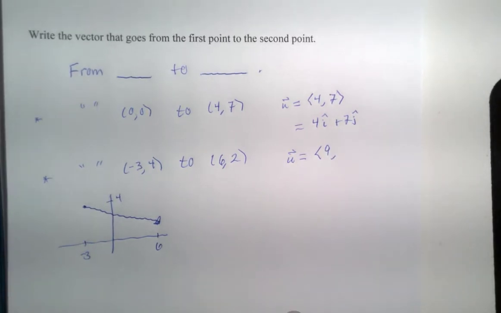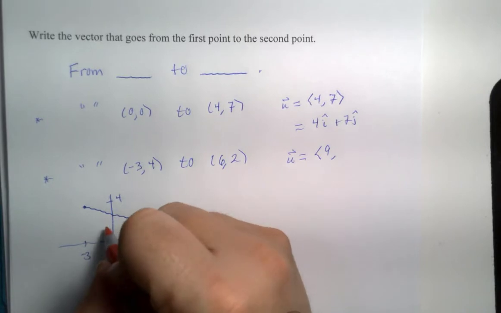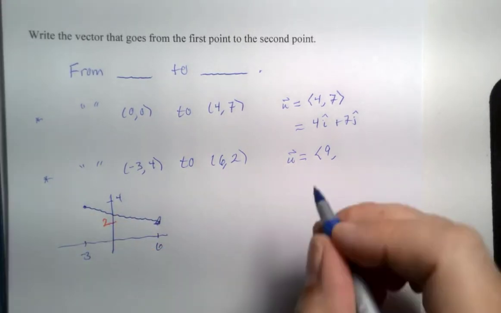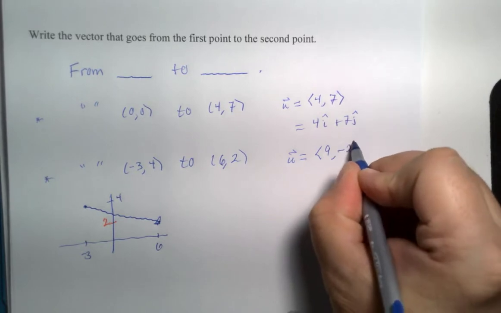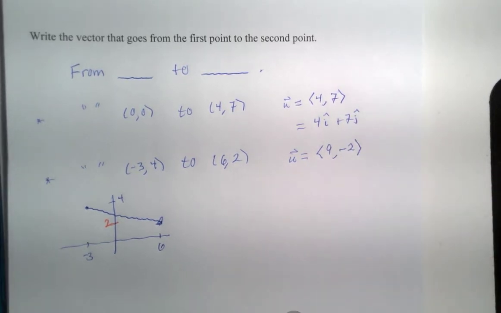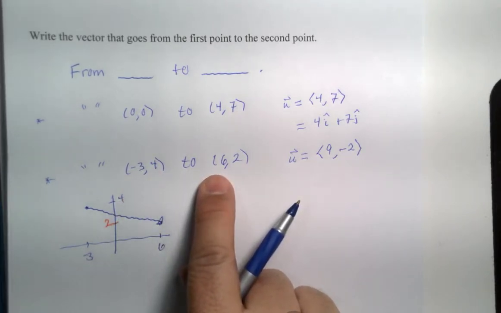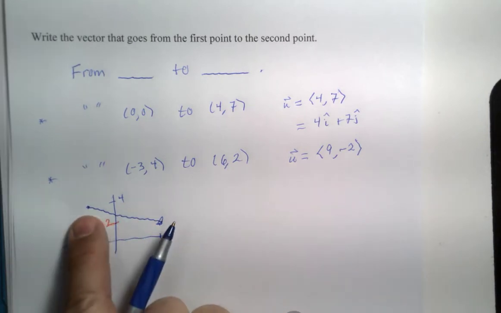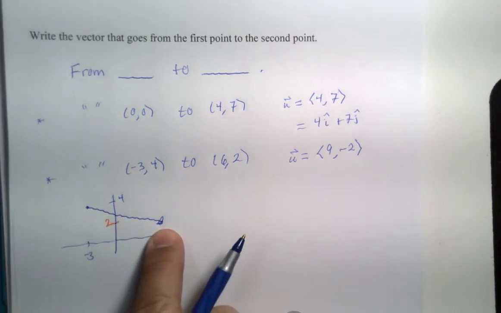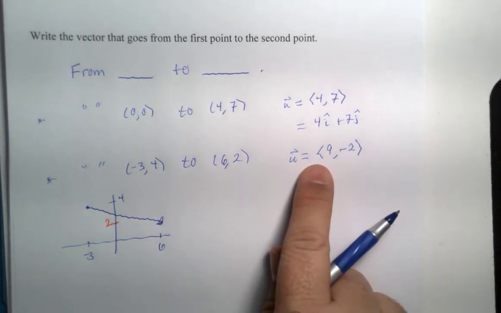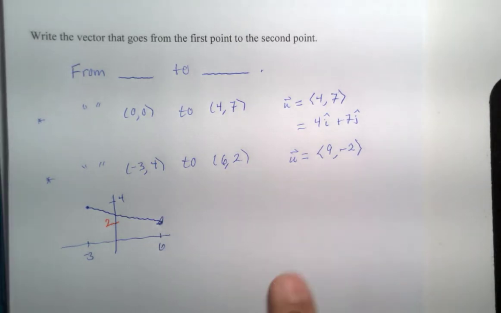And from 4 to 2 would be a drop or a reduction of 2 units. So it's not really all that difficult to do that. And maybe you can just do it by observing the numbers in the 2 points. So that would be the vector that goes from this point to that point. If we reverse this order, then we would be reversing this to -9 and +2.